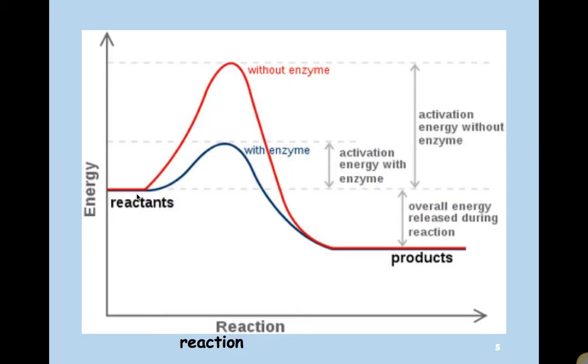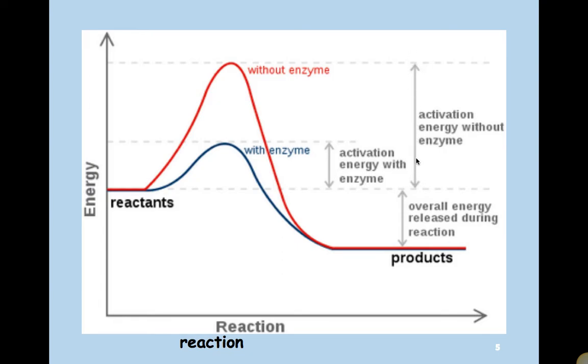Another example here: the reactants, that's what you start with. The blue line is with an enzyme, a little baby hill. The red line is without an enzyme, a great big ginormous hill right here, and then the products are down here at the bottom. Notice that activation energy, which is the energy required to get the reaction started, is just a little bit when you have an enzyme, but it's a huge amount when you don't.